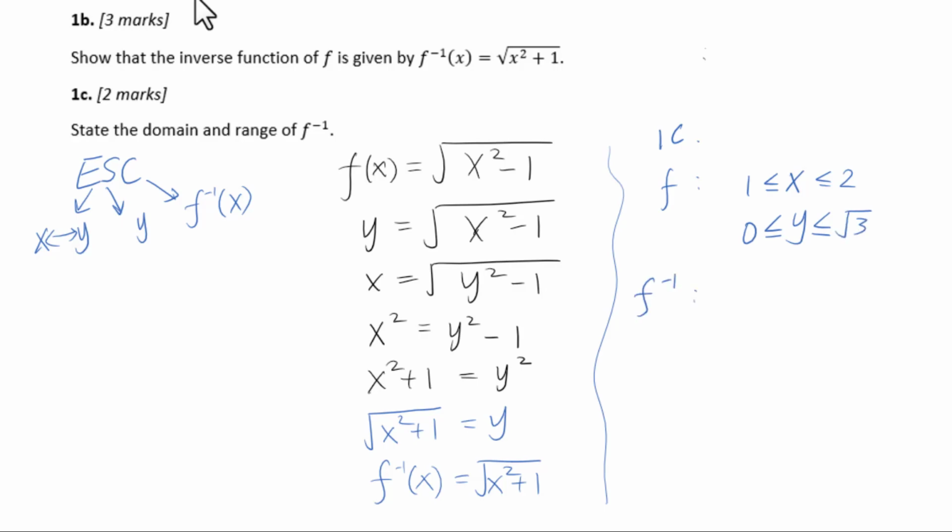So for the inverse function, we will switch x and y. In other words, we will switch domain and range. y is greater than or equal to 1, less than or equal to 2. x is greater than or equal to 0, less than or equal to square root of 3.